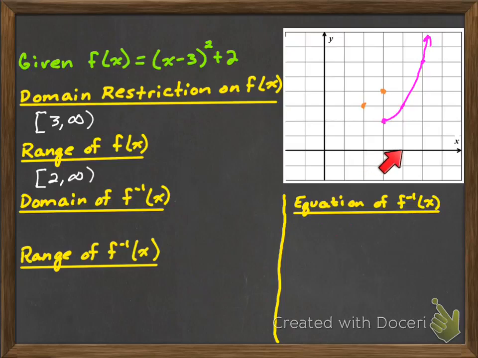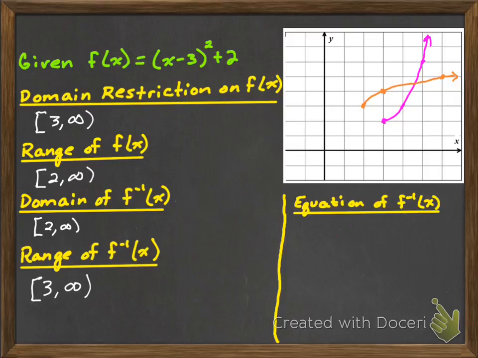So 3, 4, 5, 6, 1, 2, 3, 4, 5. So this would be the graph of the inverse, which we can see the domain is from 2 to infinity, and the range would be from 3 to infinity.